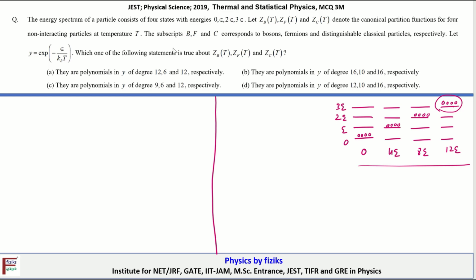Okay, the corresponding partition function, if you start writing all the terms for the system of 4 bosons, will look like this.